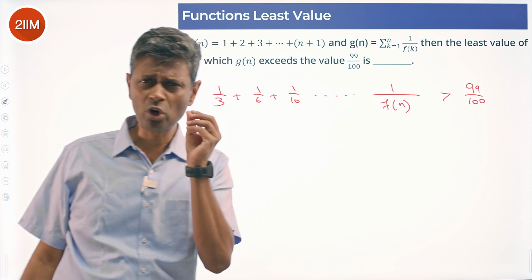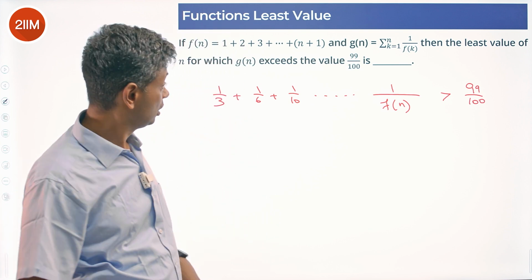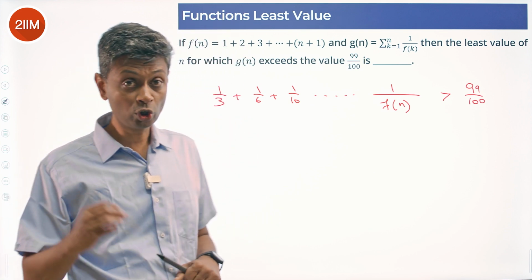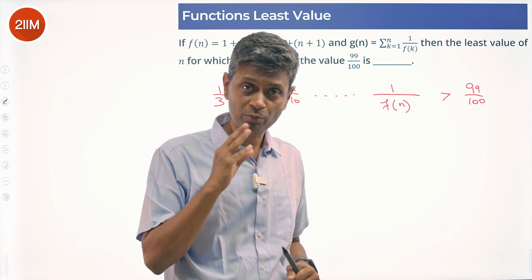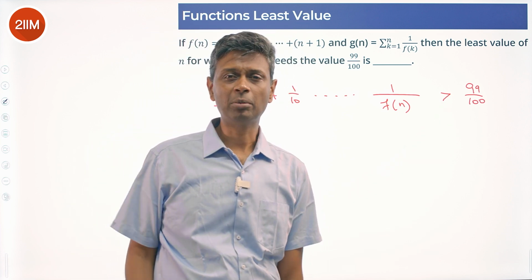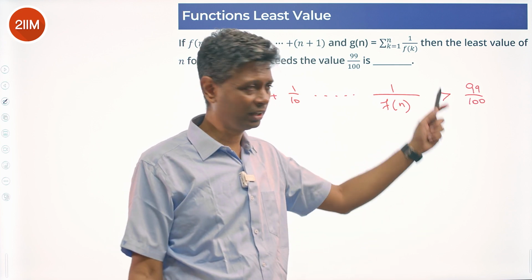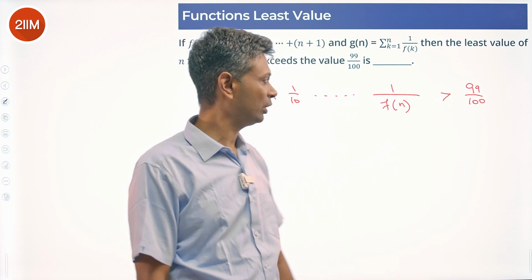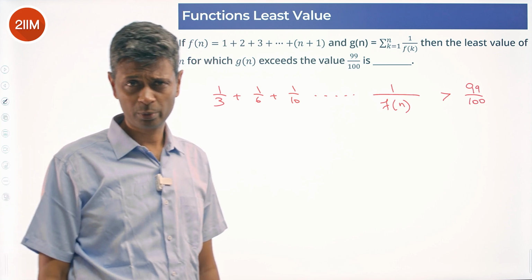We want to find the smallest n where this happens. Presumably it keeps on growing and it reaches a point where it is greater than this. It may be a convergent sequence but could reach more than 99 by 100 at some point of time. We need to find the smallest n for which this happens.